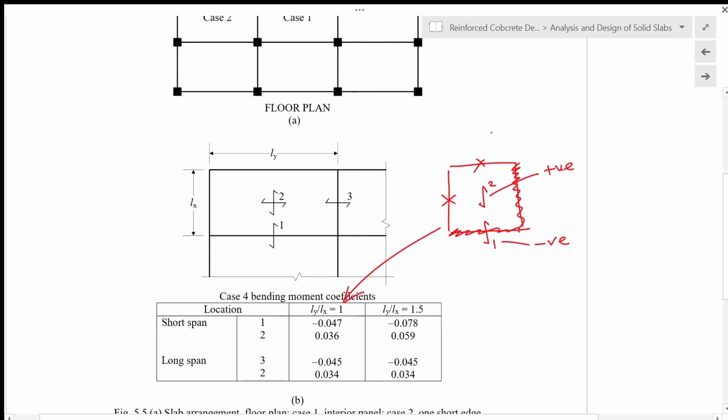And the moment here we assume is 0, although there is integral action between the supporting beam and the slab. We will cater for that later on in the design consideration. But first we assume there is 0 moment at the discontinuous edge.